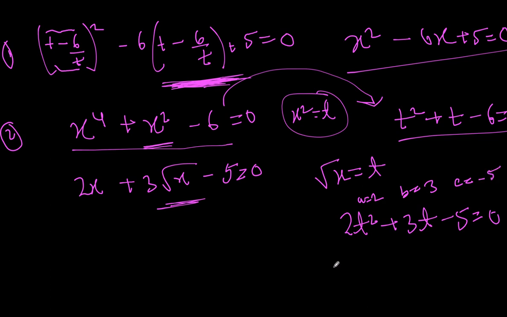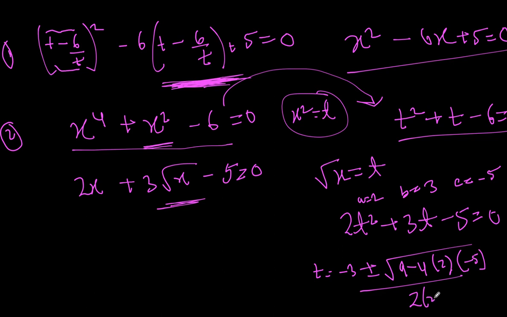So if I'm using the quadratic formula, then t will be equal to minus 3 plus minus under root of b square, which is the square of 3, 9, minus 4 into a, which is 2, and minus 5, over 2 times 2.